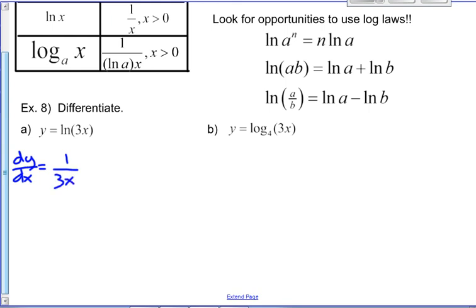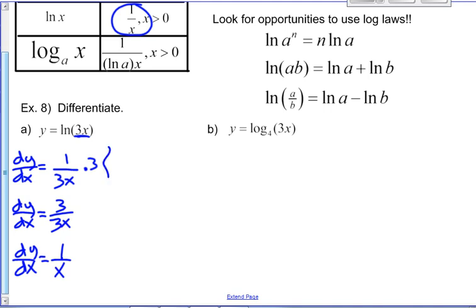Okay, just like this. And then from chain rule, times the derivative of the inner, times 3. Or dy by dx is 3 over 3x. And some people might go straight there. Or better yet, dy by dx is 1 over x.